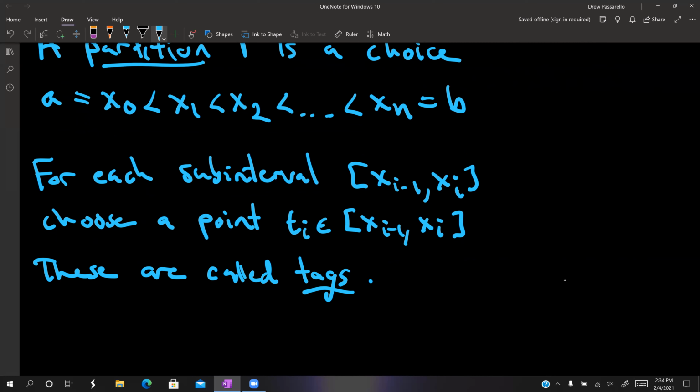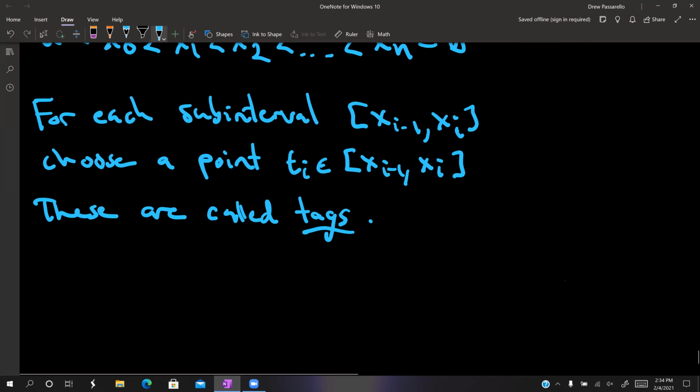All right, so that's a partition: we slice the interval up into subintervals. For each subinterval, I choose a point ti, and that ti value is called a tag. And we're going to use the tags to determine the height of the rectangle.